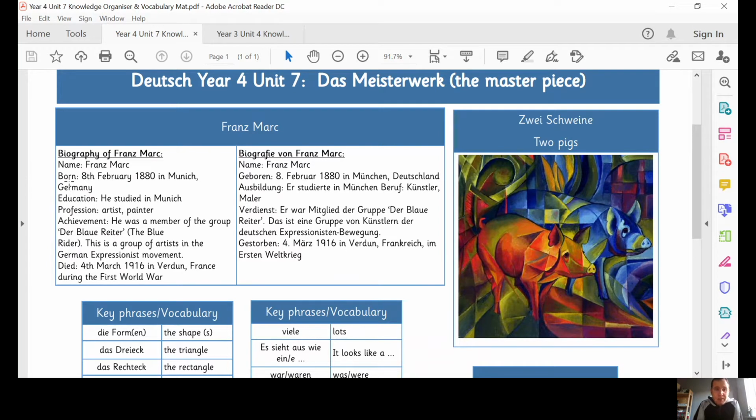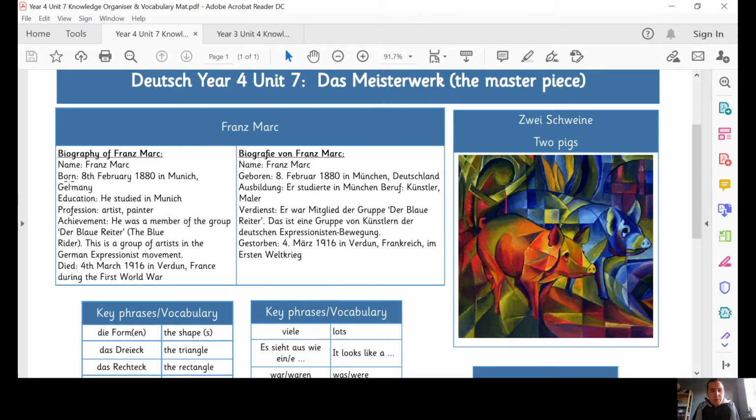It's a really lovely city. I've been there as well, and would be really lovely to go and visit as well. Education, he studied in Munich when he lived there, when he was growing up, and his profession was an artist and a painter, and that's obviously what he became very famous for.